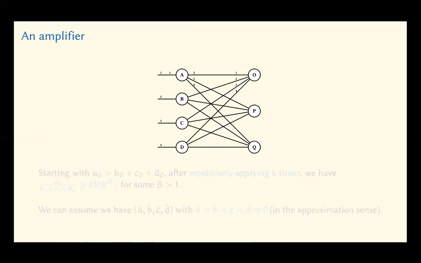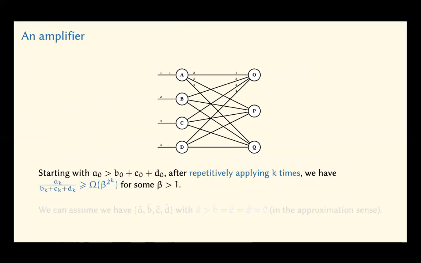First, an amplifier. Starting with A sub 0, B sub 0, C sub 0, D sub 0 equal to A, B, C, D, after repeatedly applying this amplifier k times, we have the ratio of A_k over the sum of B_k, C_k, D_k is no less than omega of beta to the 2 to the k for some beta larger than 1.